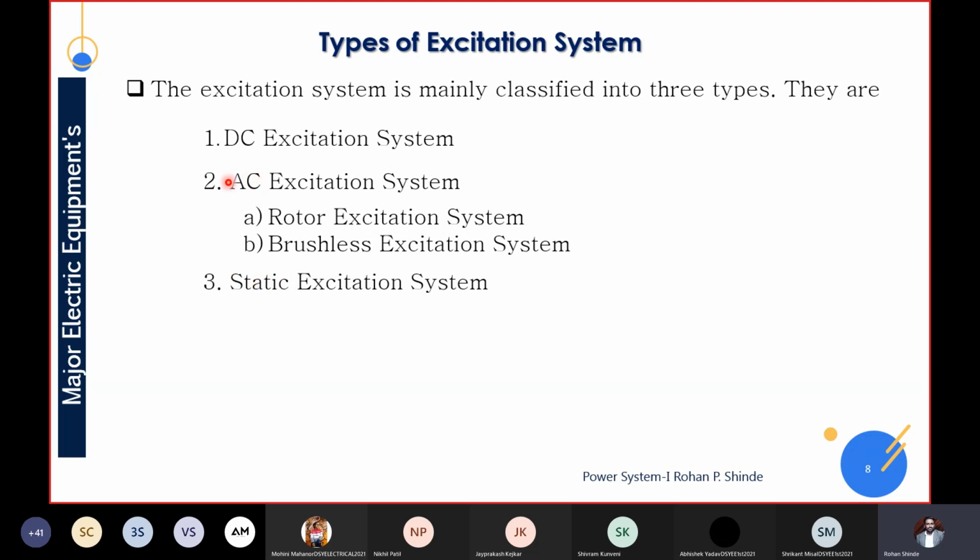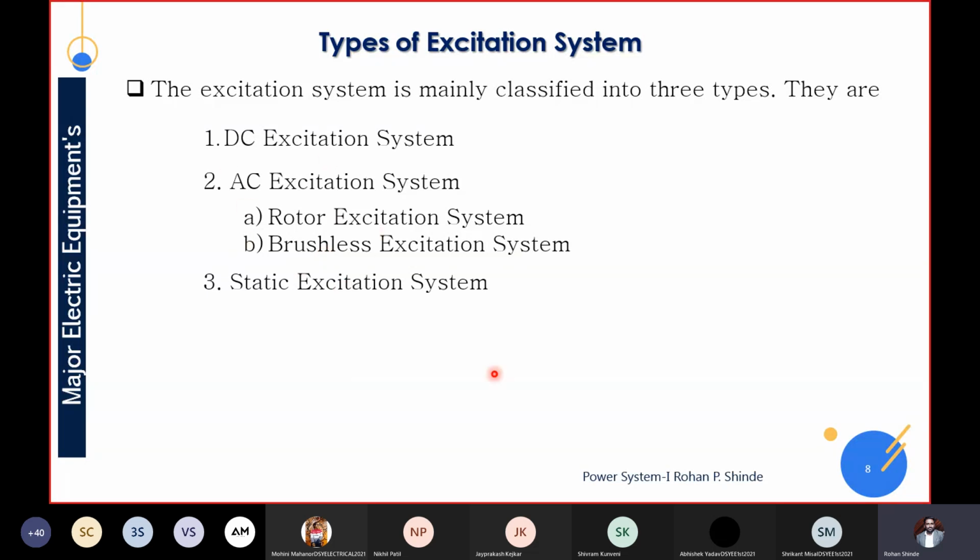Further, AC excitation system is classified into rotor excitation system and brushless excitation system. So there are four excitation systems, but broadly they are classified into three types only: DC, AC and static. AC is further classified into rotor and brushless.